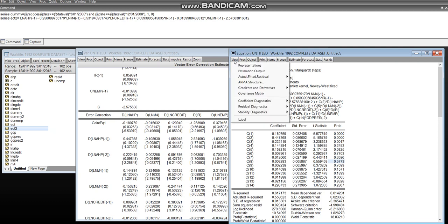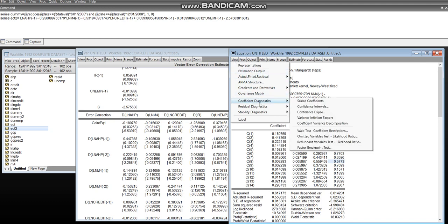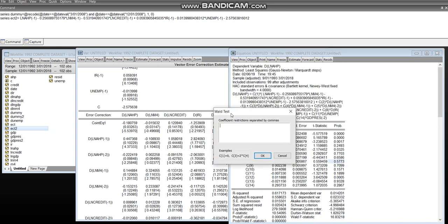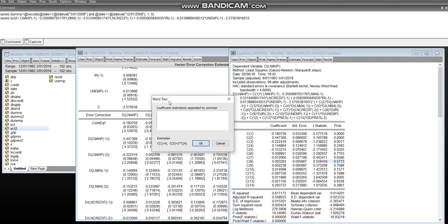Now, how do we do that? How do we conduct a Wald test? We click on View, we go down to Coefficient Diagnostics like this, and then we click on Wald Test. How do we write this out using the format that EViews wants us to? Well, let's start at C4, because C4 has a p-value of way above 0.05.